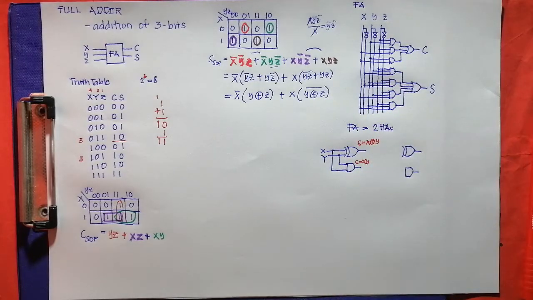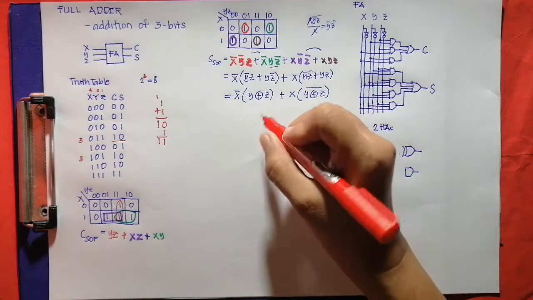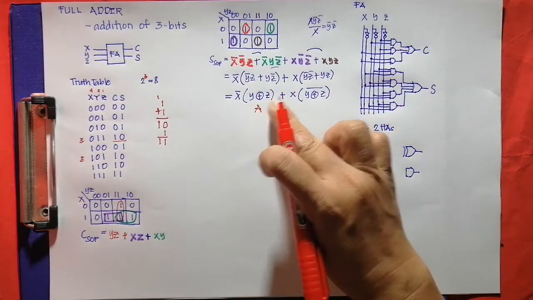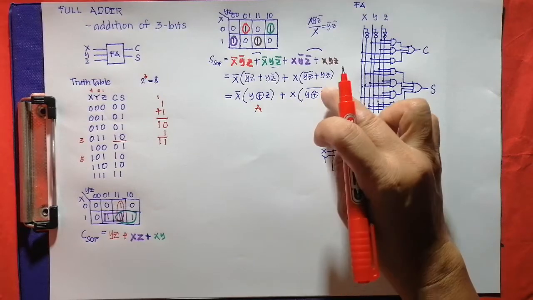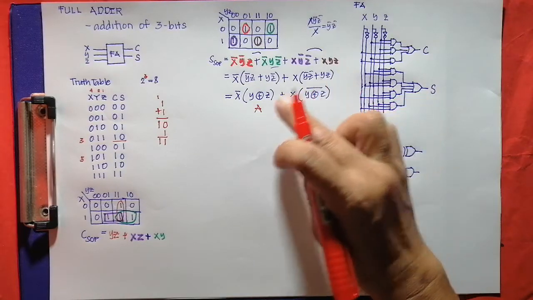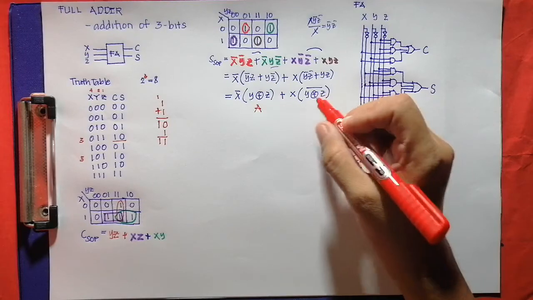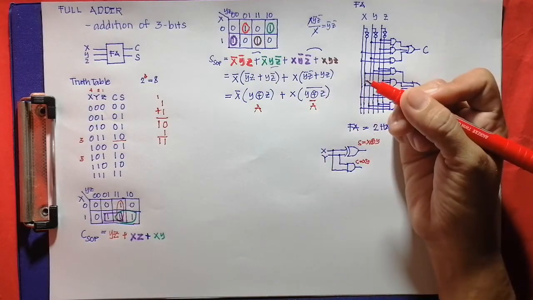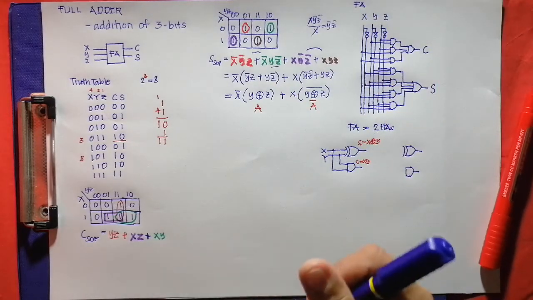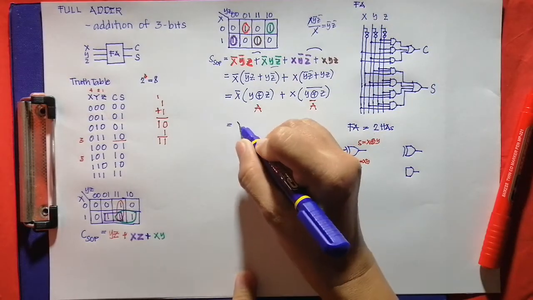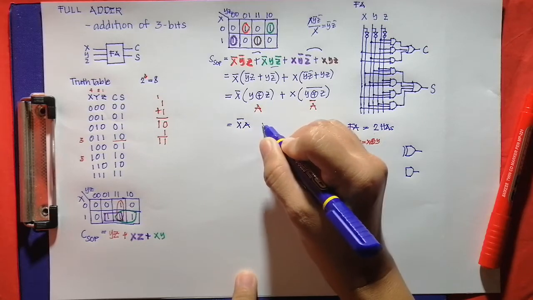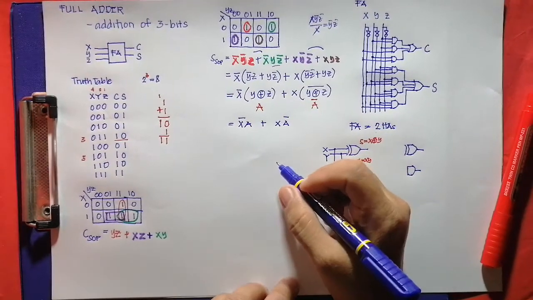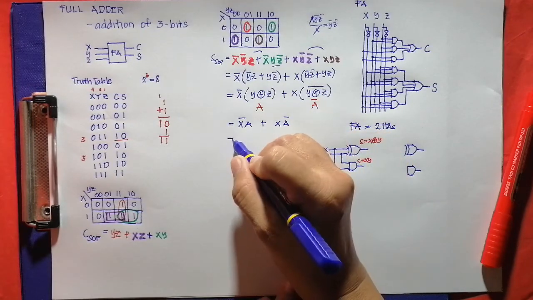Okay? So if I let this as A, you would notice both are same except this one has an inverter. So therefore, if this is my A, I could also write this as A, but this time with inverter. So I could rewrite this again as not XA plus X not A. Again, this is in a form of an XOR gate.